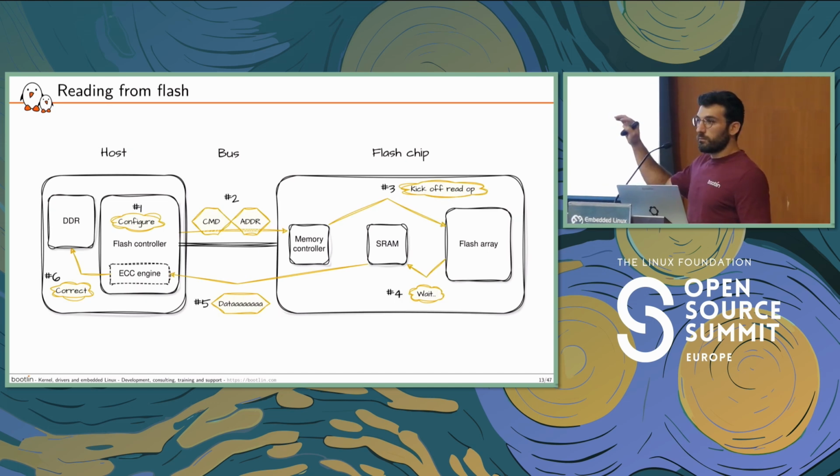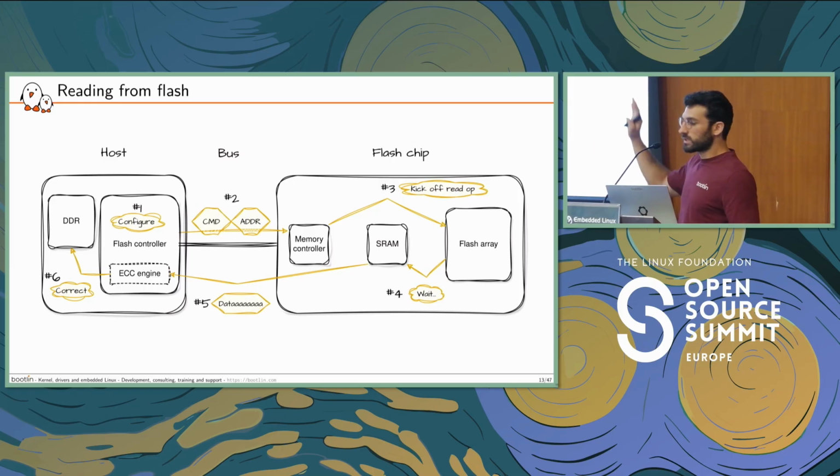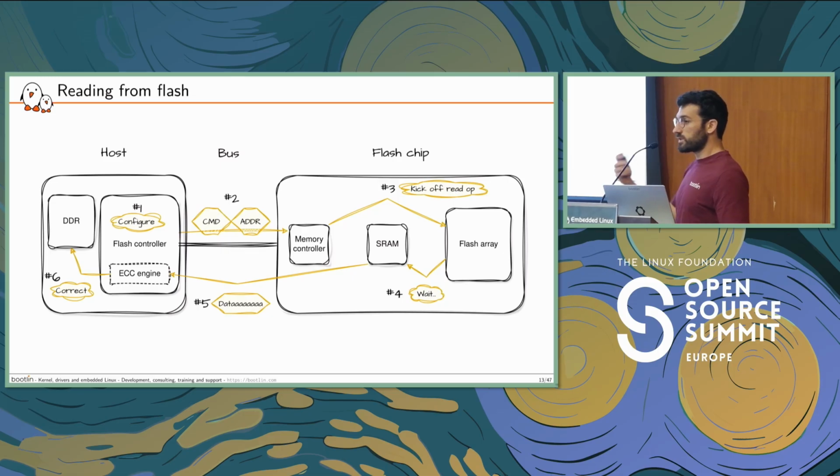A read from a flash, any type of flash, looks like that. You have a first step, the configuration of the flash controller typically. Once this is set, you trigger the operation. The controller sends command and address cycles on the bus. The memory controller interprets those requests and kicks off the charge pumps and the sensing logic to extract the data out of the NAND cells.